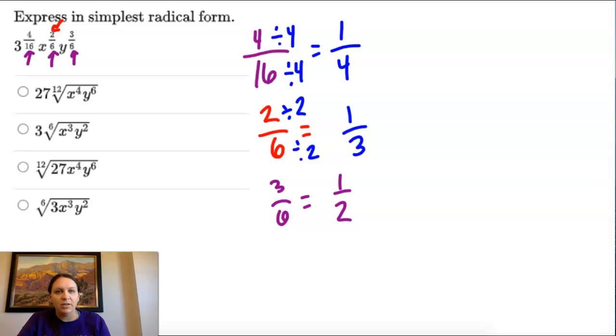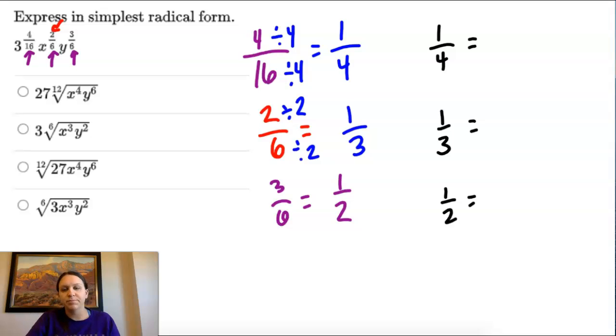So actually, I have fractions 1/4, 1/3, and 1/2. And I need a common denominator. And if you can't think of one, the best thing to do is try multiplying some of these. So I'm going to take 4 times 3 and get 12.